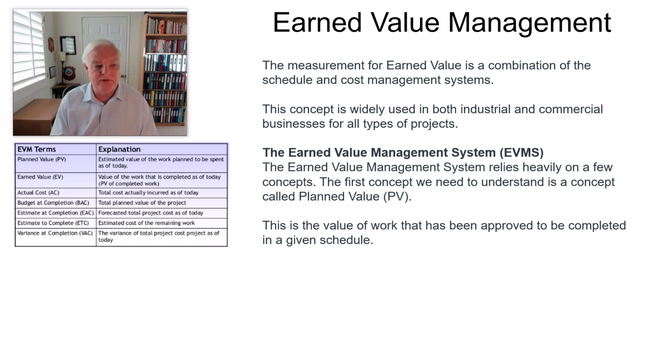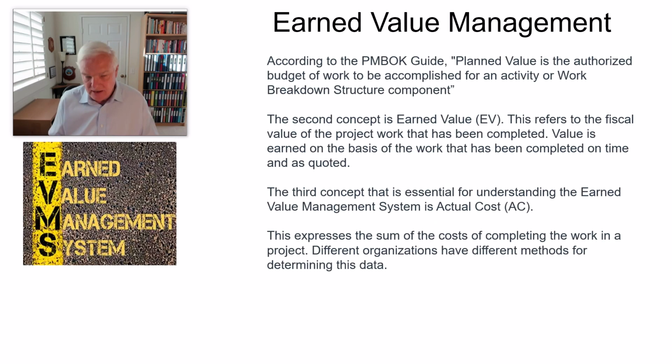Then you have the estimate to completion, that's your ETC, that's what you've got remaining on the project. And then VAC is the variance at completion. We're going to go into those in more detail. But according to the PMBOK guide, planned value is the authorized budget of work to be accomplished for an activity or work breakdown structure component.